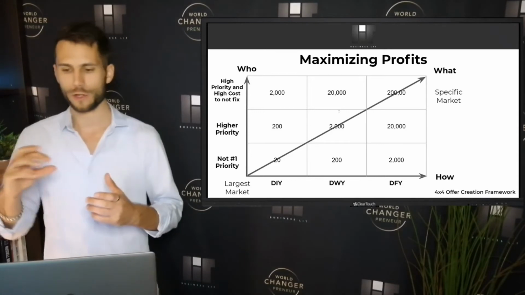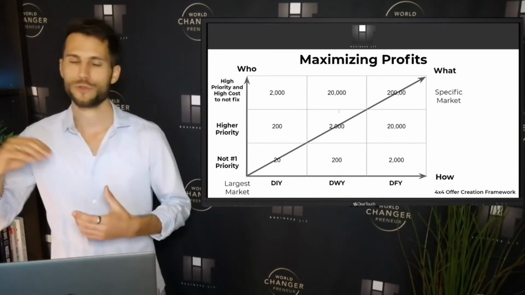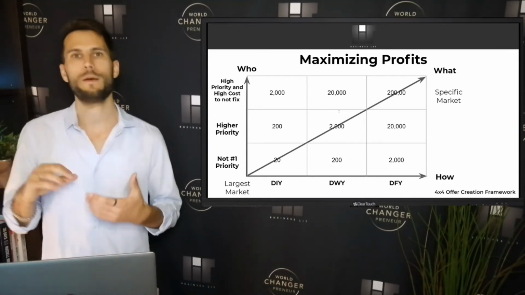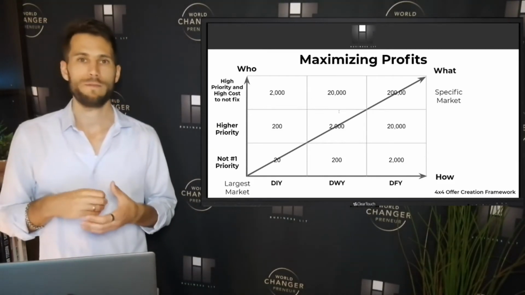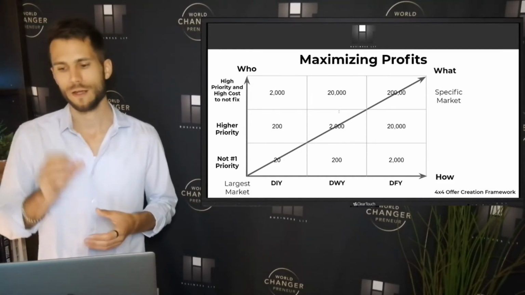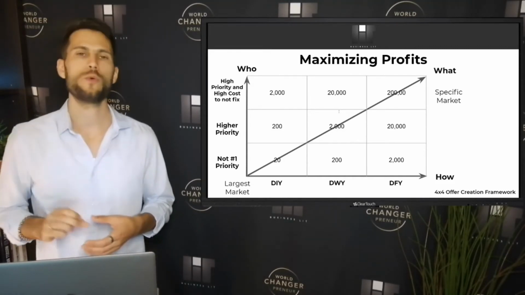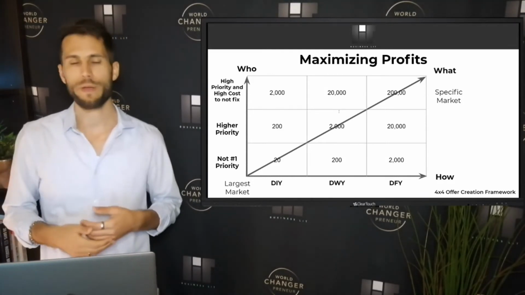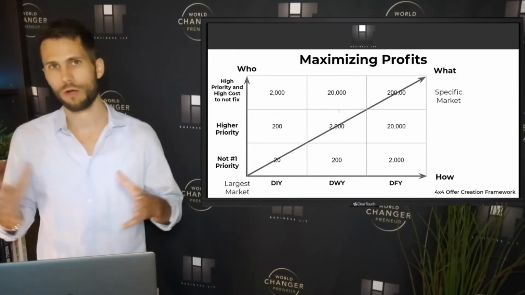We can move the model, moving over to with you or done for you. We can move in the specificity of what we are targeting and solving, becoming more sophisticated, becoming more specific in who we are serving, and again, of course, who we are targeting, as in how painful the problem is, how long the problem has been existing.